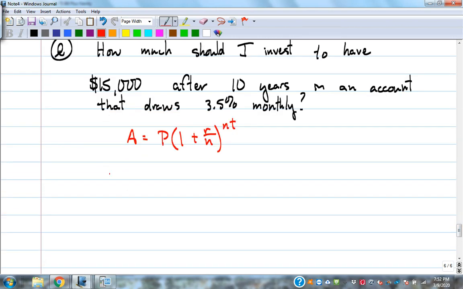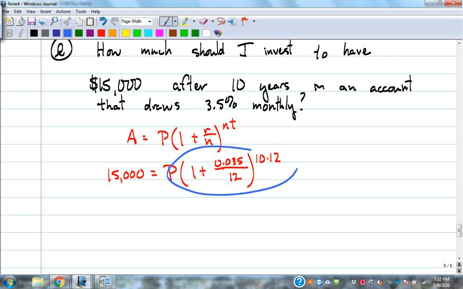So we know the account worth is 15 grand. We don't know the principal, but we know the interest rate, 0.035 over monthly, which would be 12 times a year, 10 times 12 on the exponent. All of this stuff right here, without the P, is what?